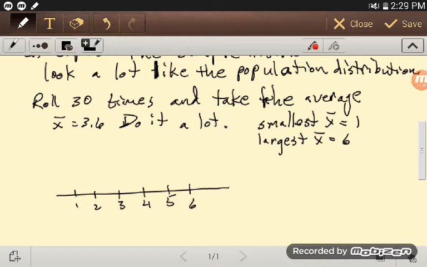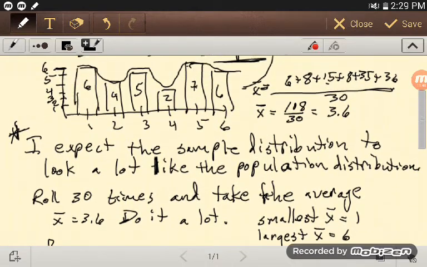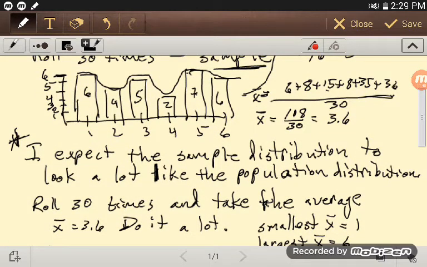Now, in this case, this really should be a histogram when I do this because I could get an average of 3.6, I could get an average of 3.4, I could get all sorts of different averages. If I had all the same frequency, if I'd gotten 5 of each of these, you can pretty quickly work out that the average of the numbers 1 to 6 would be 3.5.